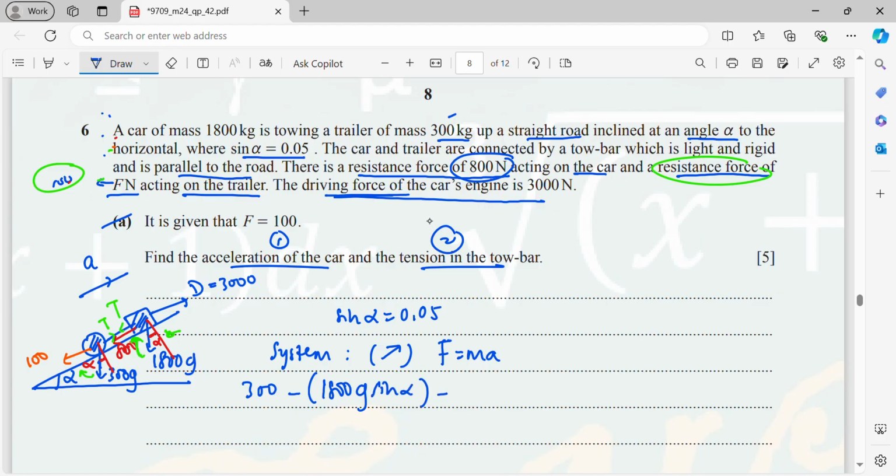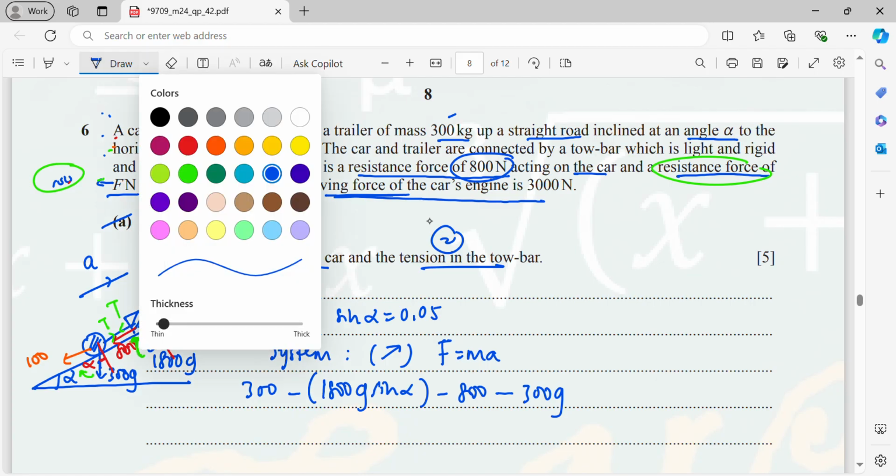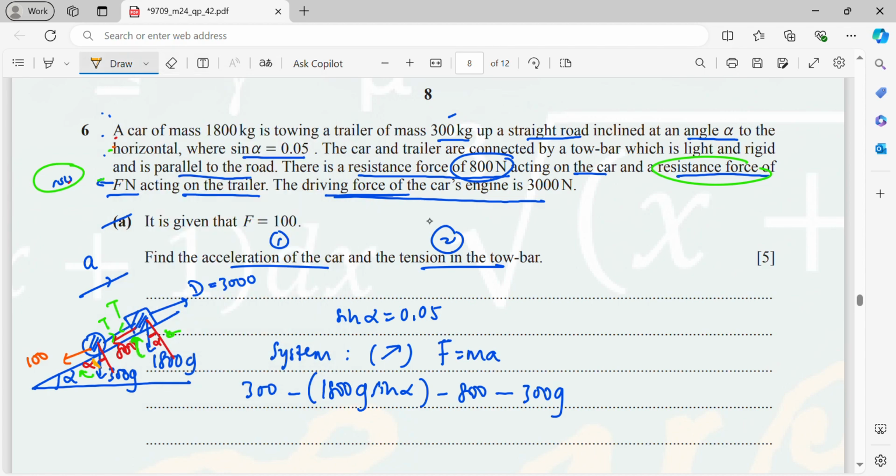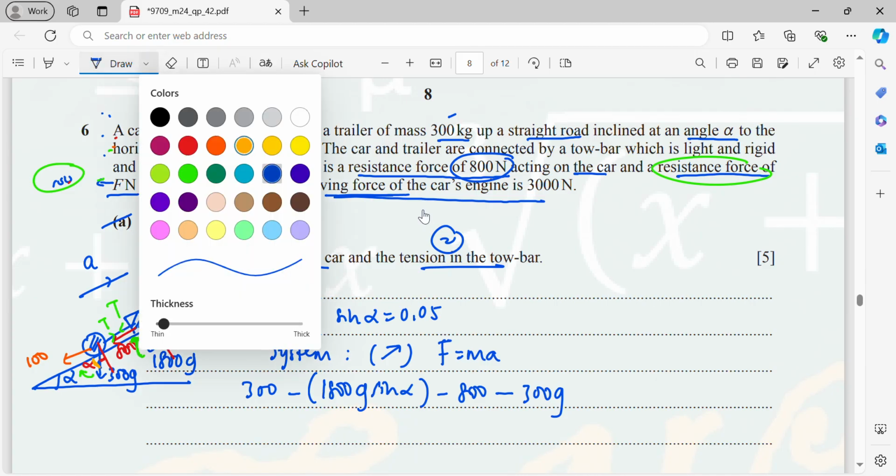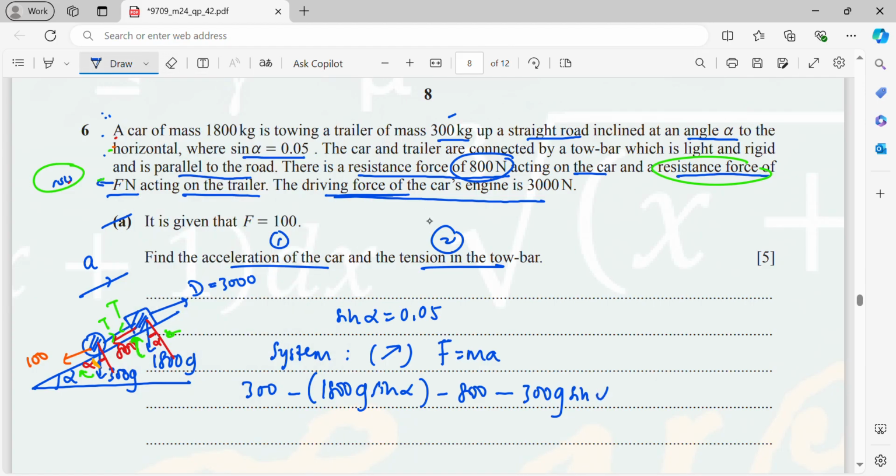Then I minus 800, the resistance force acting on the car, and minus the 300g, which you also resolve parallel to the plane using the alternate angle alpha, because this angle is not given. Therefore, you will be getting sine alpha. Then don't forget the minus 100, because there is a resistance force acting on the trailer, equals ma.